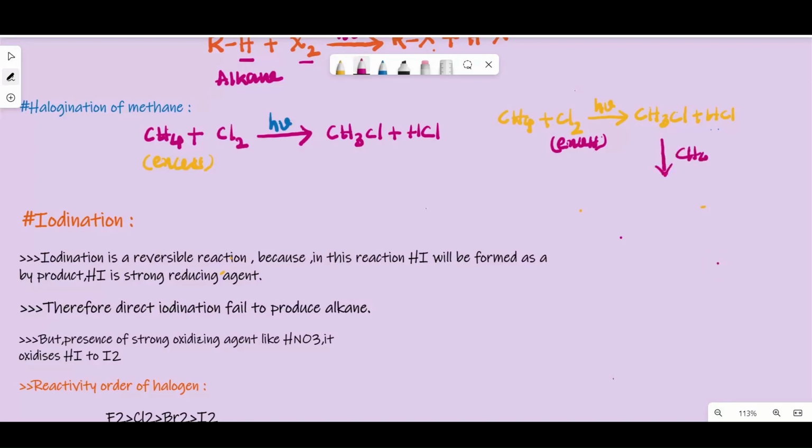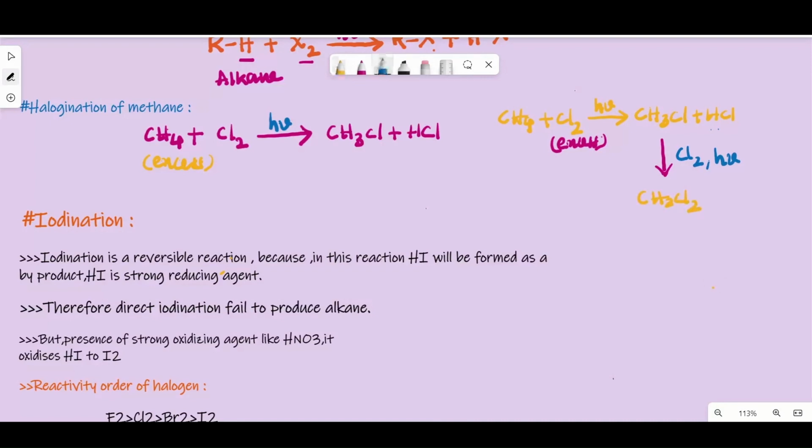CH3Cl plus Cl2 in the presence of light, you will get dichloromethane, CH2Cl2.